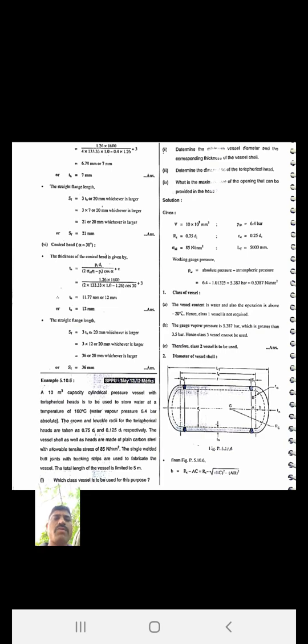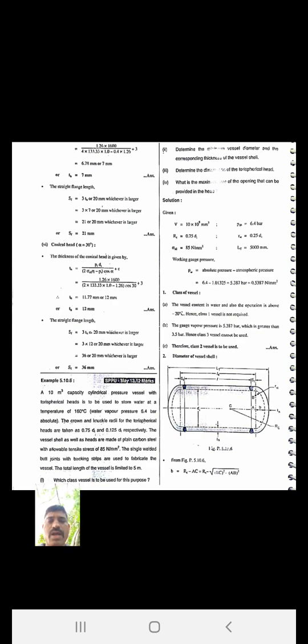Then again we want to convert into Newton per mm square. You know 1 bar is equal to 1 into 10 raised to 5 Newton per meter square. Converting into mm square, you get 0.5387 Newton per mm square. Then which relation is given?